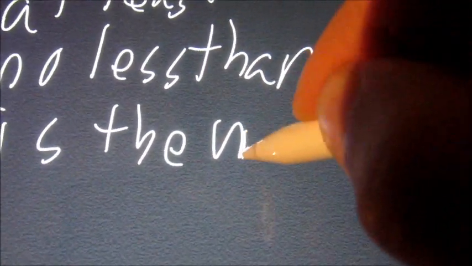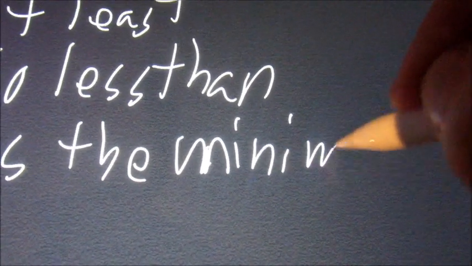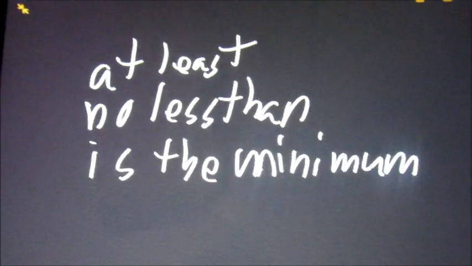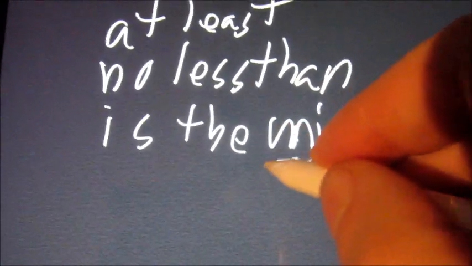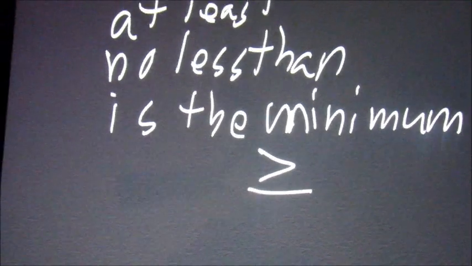Okay, so you'll have some word problems as well. Whenever you see at least, no less than, or is the minimum, whenever you see one of these, that means you're going to have greater than or equal to.